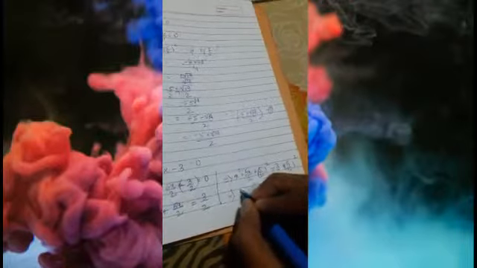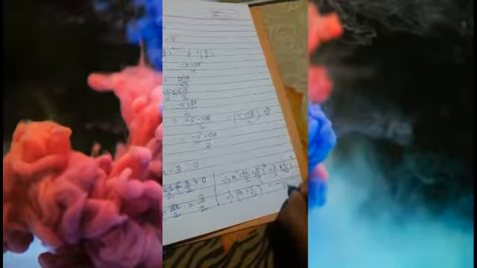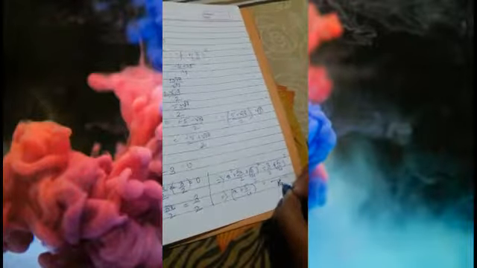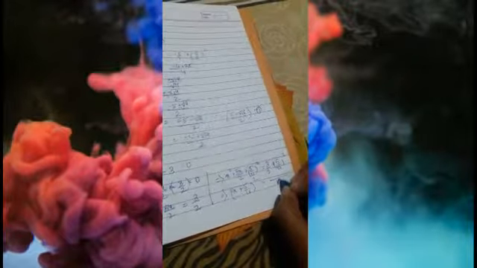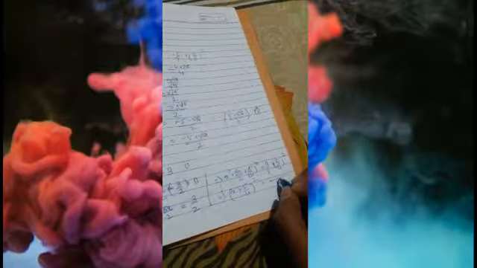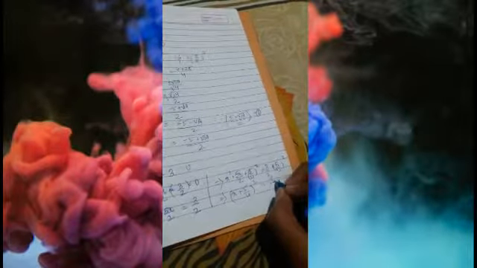And set x plus 5 by 4 whole square equals, the LCM of the denominators is 16. No, let's make it 4 only. This LCM is 4, we will not take it as 16.